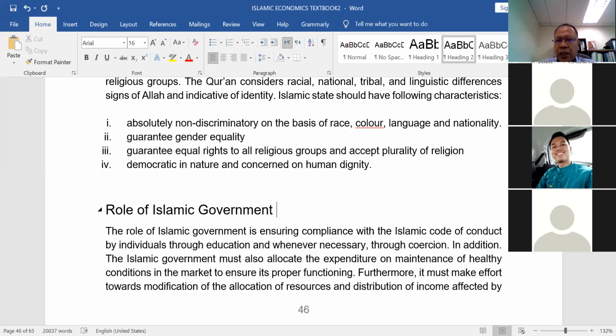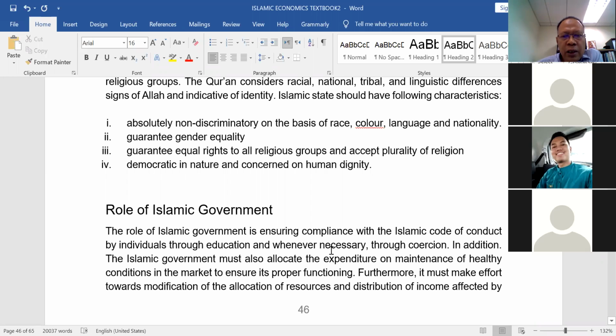Kerajaan Islam mesti memastikan misalnya peniaga mesti berniaga benda yang halal. Macam mana nak buat? Through education. Mula-mula mendidik dulu. And whenever necessary, through coercion. Kalau tak jalan juga dengan pendidikan, boleh menggunakan paksaan. Misalnya boleh menggunakan denda, boleh menggunakan hukuman.